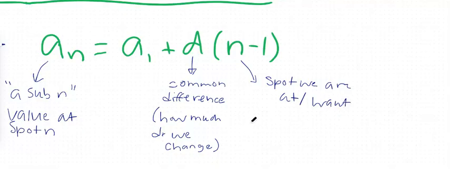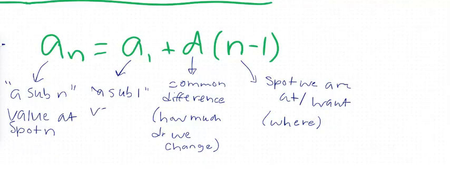It is where in the sequence that we are. So if a sub n is the value at spot n, then a sub 1 is the value at spot 1. Okay? So that means the first value.